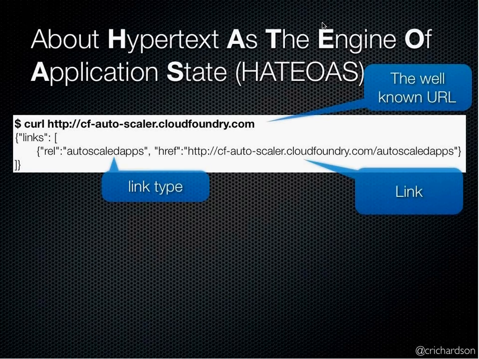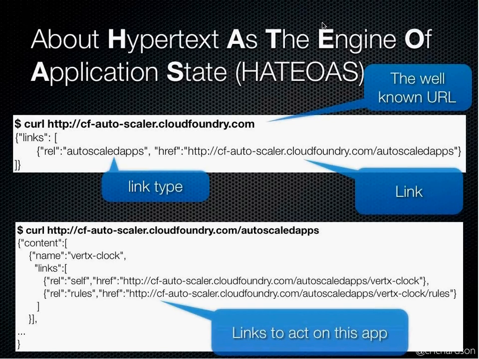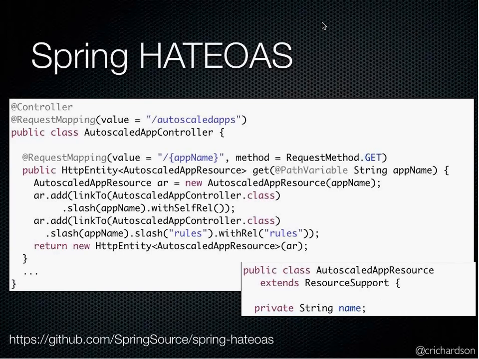I don't really have time to go into this, except that if you Google Martin Fowler, Richardson maturity model, you'll find a very good write-up on the various kinds of REST and how this is considered the nirvana of REST. And so there's a Spring project, Spring HATEOAS, that makes it straightforward to build this style of RESTful API, and I'd encourage you to have a look at that.